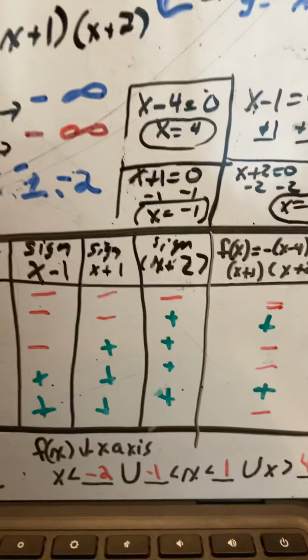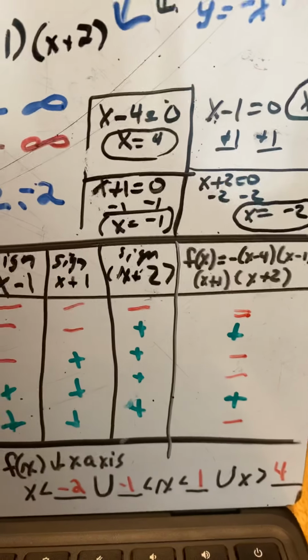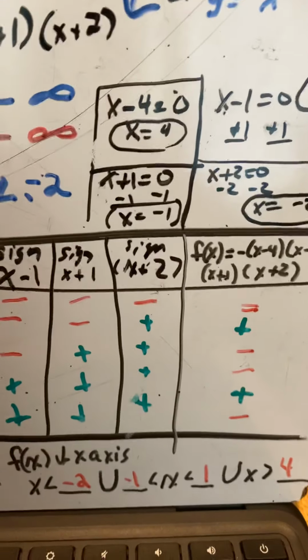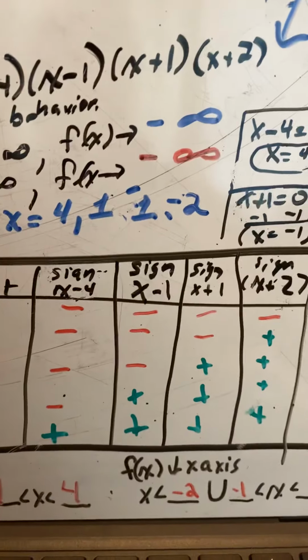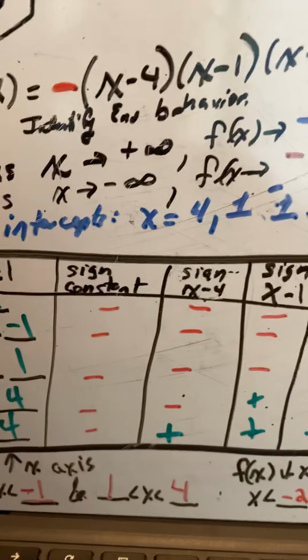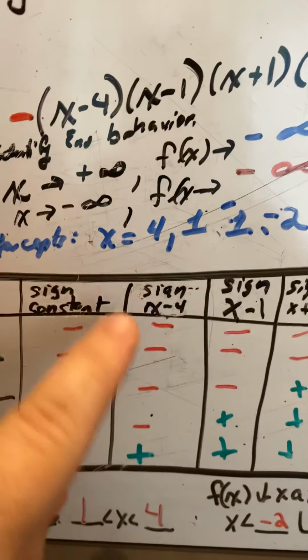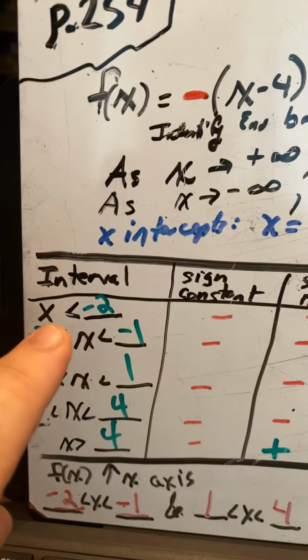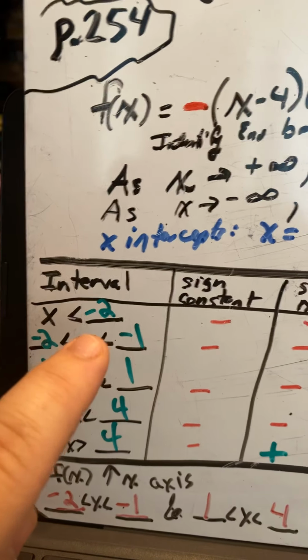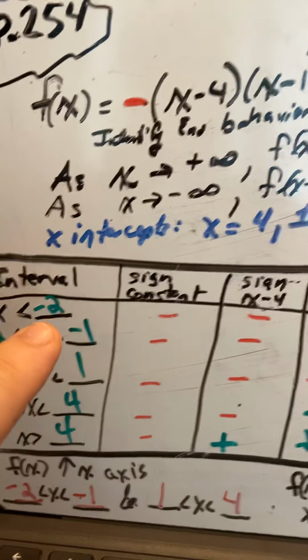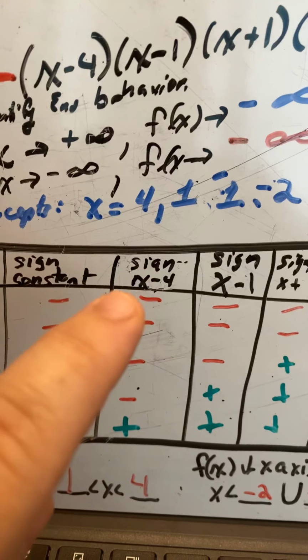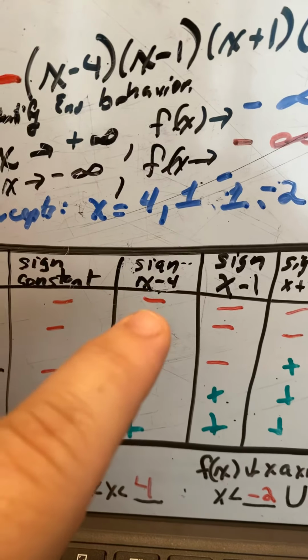How about these? How do these get filled out? Again, I would like you to try them and then check it against mine to make sure that you get the same value. Where do they come from? Well, look at the factor x minus 4, and ask when is x less than negative 2. It could be negative 3. So if I do negative 3 minus 4, I get negative 7.